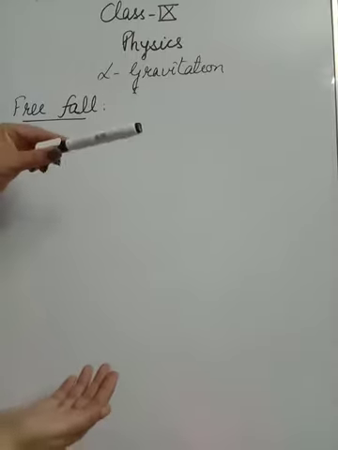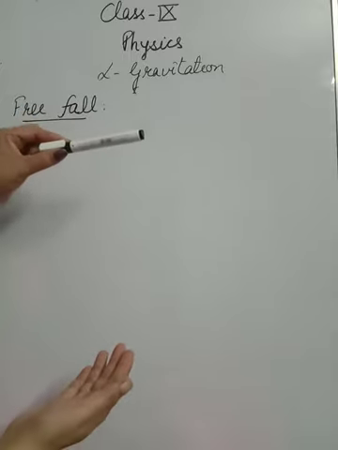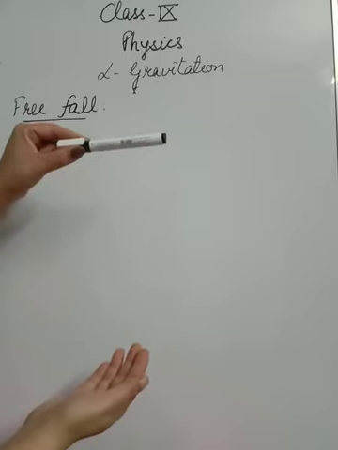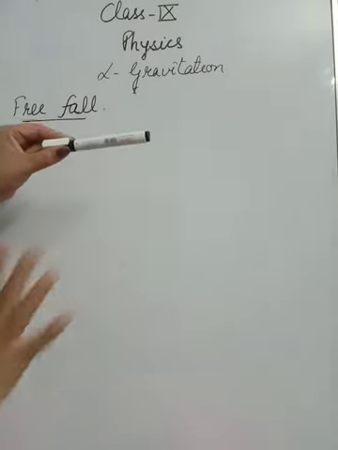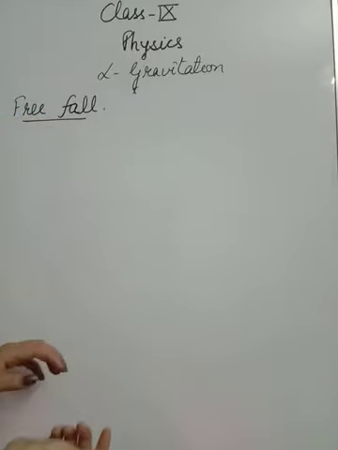Like, see, if this pen falls freely under the action of gravity, what you will observe here is that the initial velocity of this pen right now is 0, but as I release it, it will start gaining some velocity. So there is a change in velocity. So this is a sort of accelerated motion.